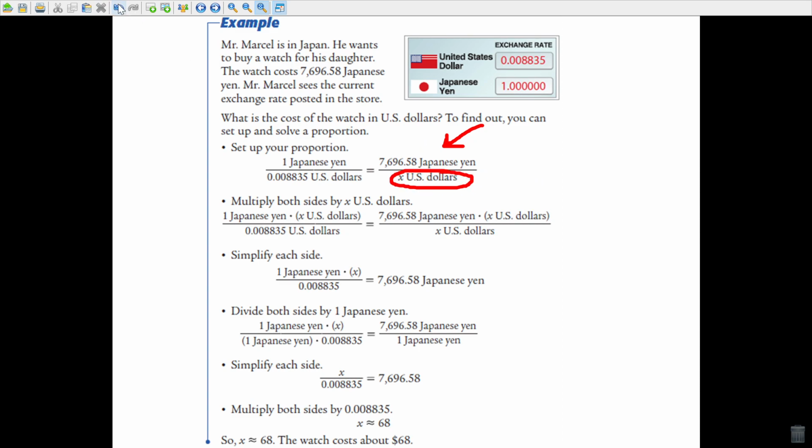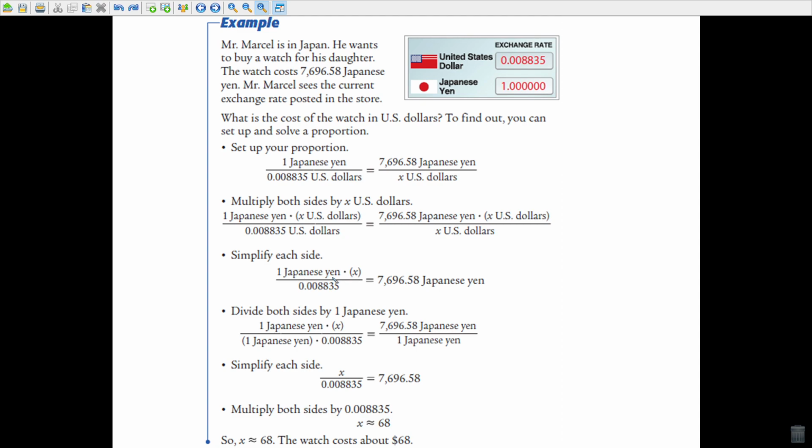So the way to solve this, like we've done before, is cross-multiply. Multiply both sides by X US dollars: 1 Japanese yen times X US dollars equals 7,696.58 Japanese yen times X US dollars, because we don't know what that would be.